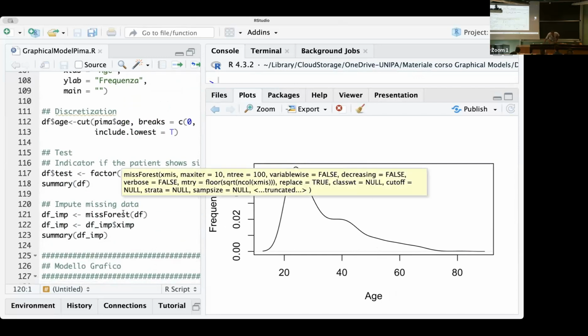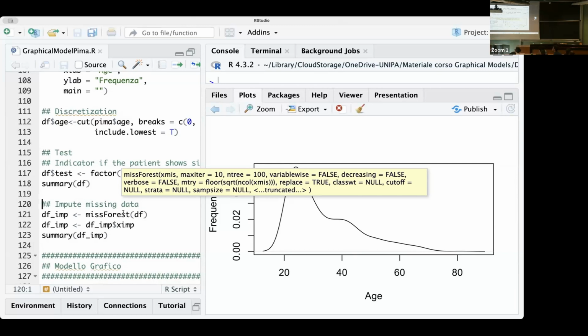I have also used a function, because it happens in reality that in the data set you have some missing data. You can impute them. I used here this forest, but you can use whatever you want, okay?